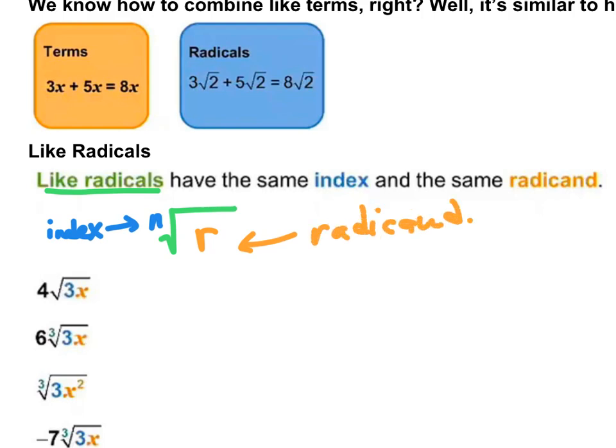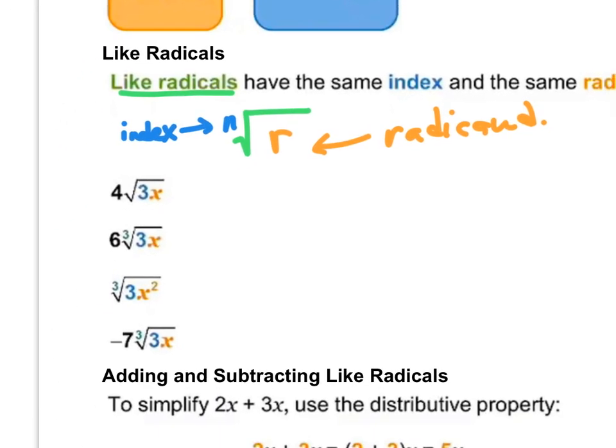So we want to look for, do we have the same index and do we have the same radicand? Here, I notice I've got these 4 options: 4 times the square root of 3x, 6 times the cube root of 3x. Now, these two are not like radicals. If I have the cube root of 3x squared, that's different than here.